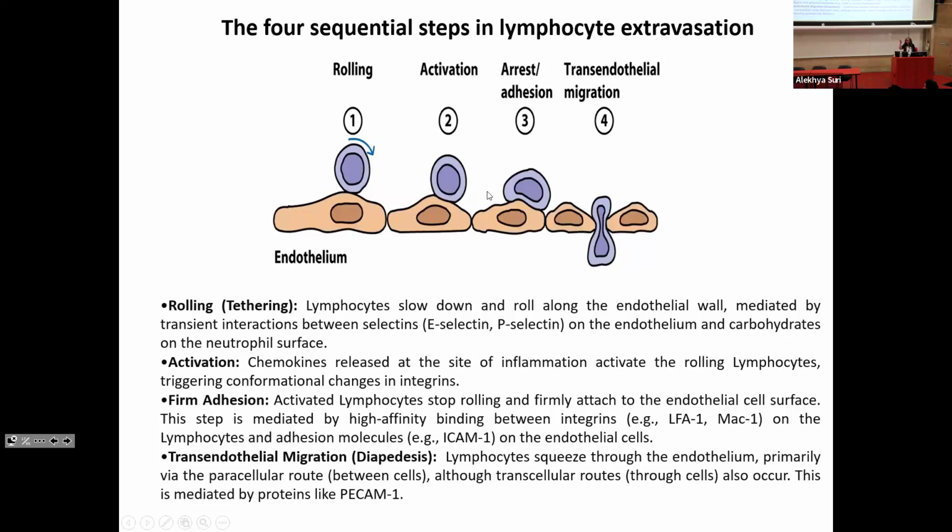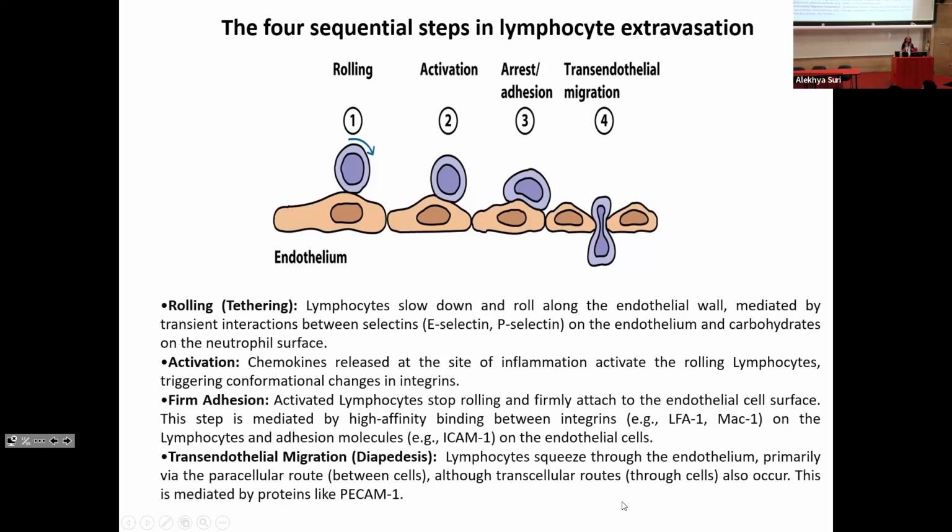So they were moving in the blood, then they slow down, they're rolling, and then they get firmly attached to an endothelial cell in the endothelial layer, right? This step is mediated by high affinity binding receptors. That's all you need to remember; you don't need to remember the exact names, but it's high binding affinity receptors that allow this step to occur. Once this arrest and adhesion has occurred, there's what's called transendothelial migration.